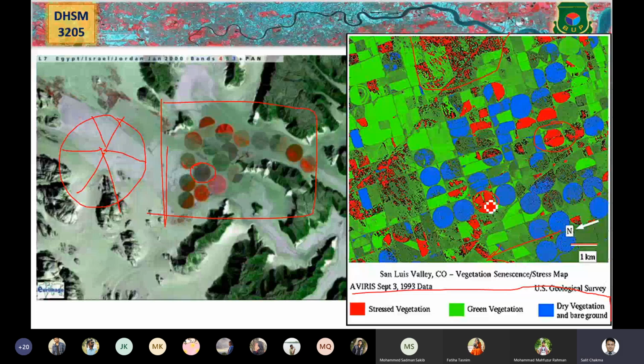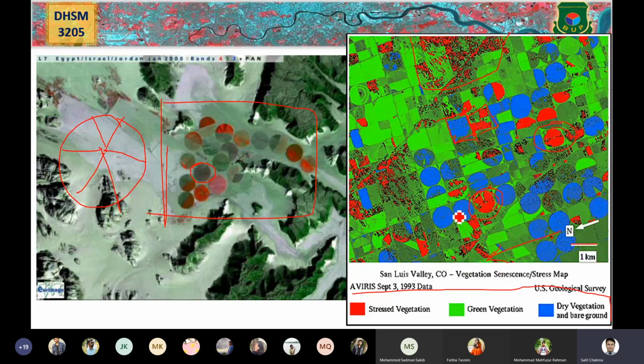Maybe the irrigation has stopped in this area, or the well that we have has dried out, so we are failing to irrigate in this region. These fields might already be abandoned by the farmers. However, these fields are dry and bare ground, so we are not really using anything in this region.